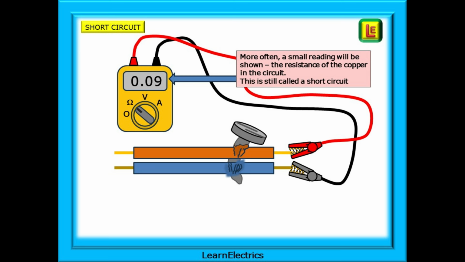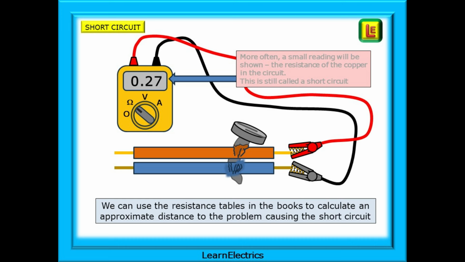This is still called a short circuit, and it is only time and practice that teaches you how to know when you are looking at a problem. We can use the resistance tables in the books to calculate an approximate distance to the problem that is causing the short circuit, and we will do this shortly.